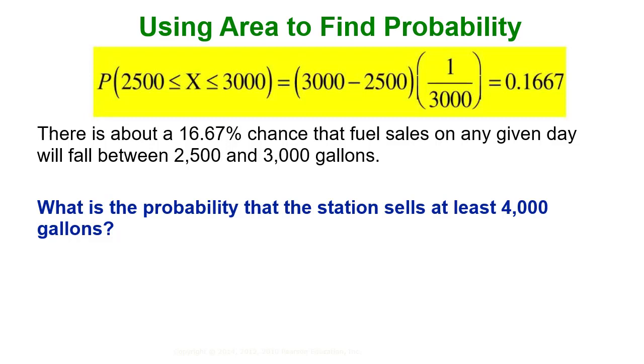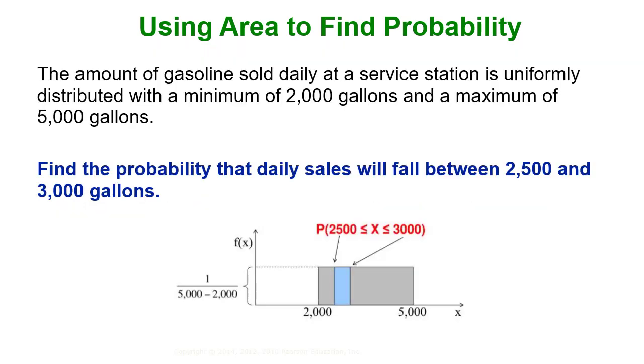So there's the 3,000 minus the 2,500. We've got the height of 1 over 3,000. We do that math and we get 0.1667. So again, all we're doing is finding the area of that rectangle, which is simply base times height. Length times height, width times height, whatever you want to call it. It's basically the distance in the x direction times the distance in the y direction.